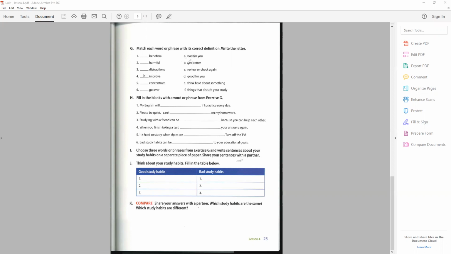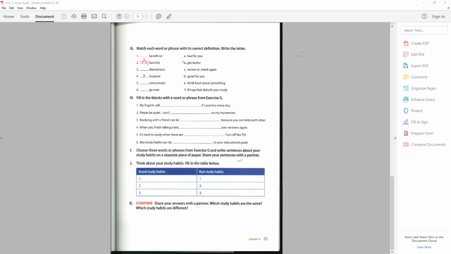It means to get better. Now, if something is bad for you, what is that word? That is harmful.